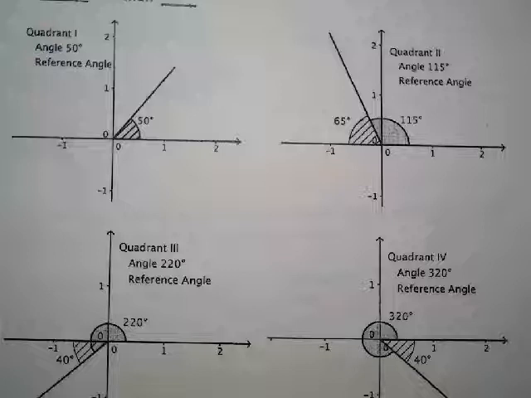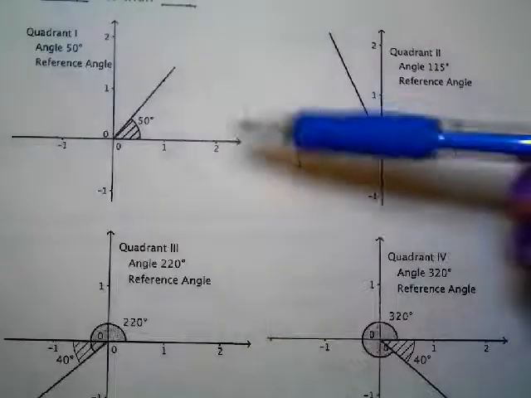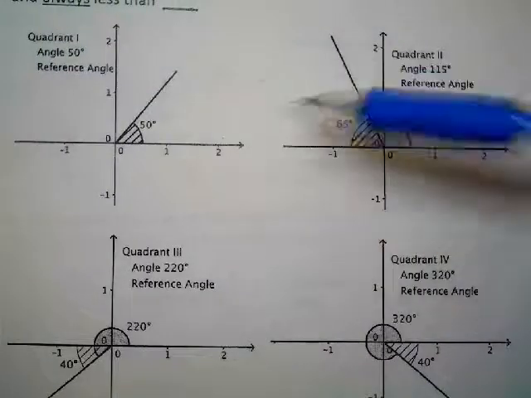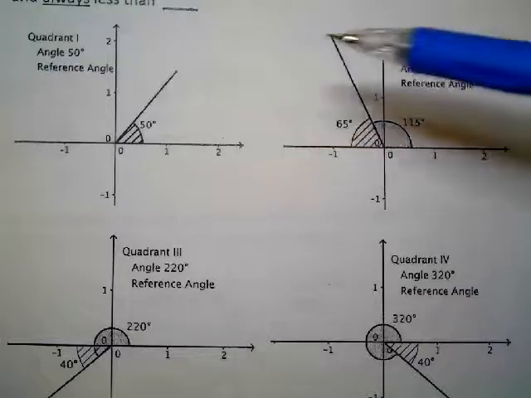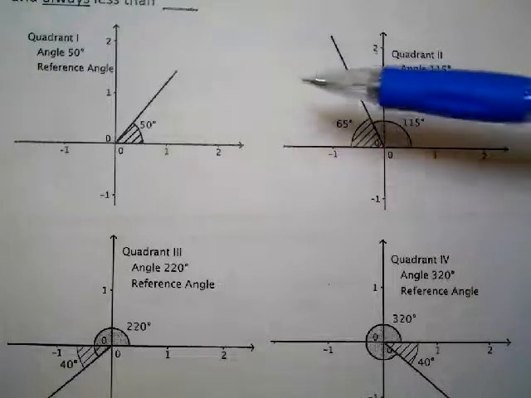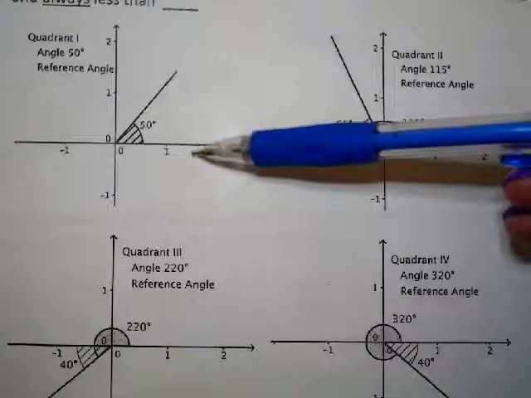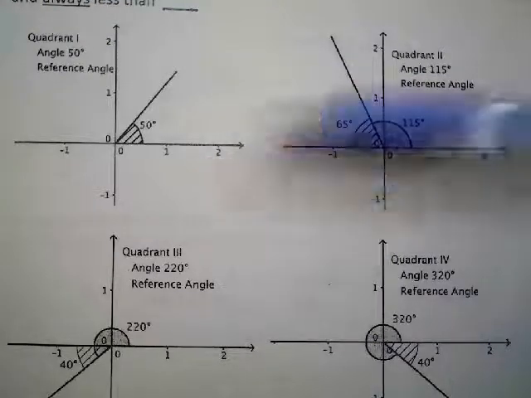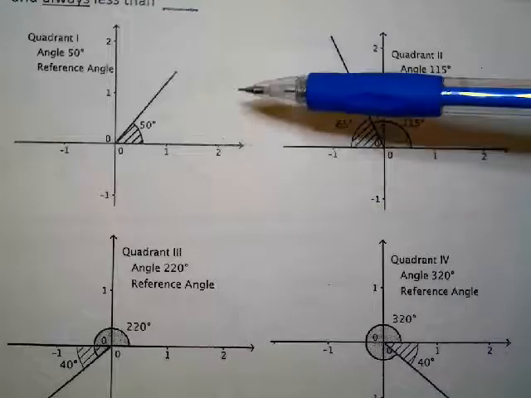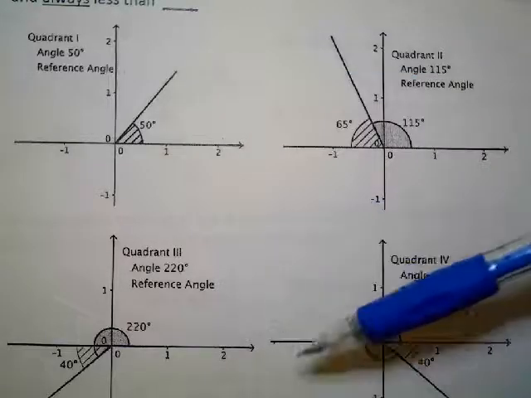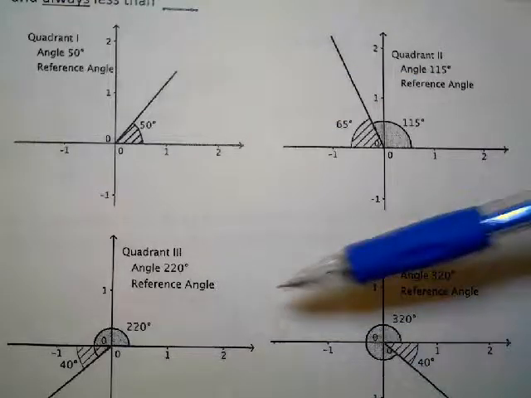Basically, what a reference angle is, it answers the question, how many degrees away from the x-axis are you? So if you draw an angle, how many degrees away are you from the x-axis when that angle is drawn?